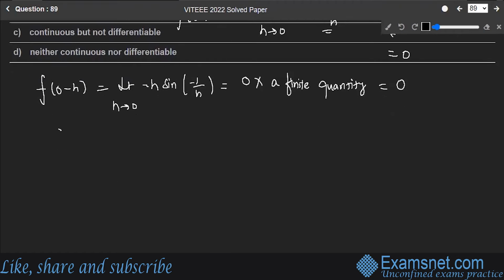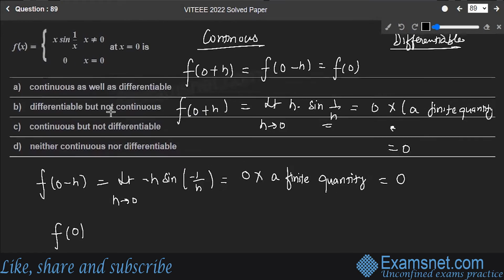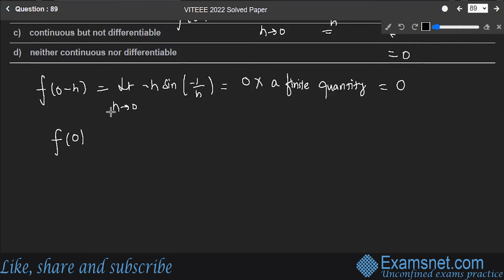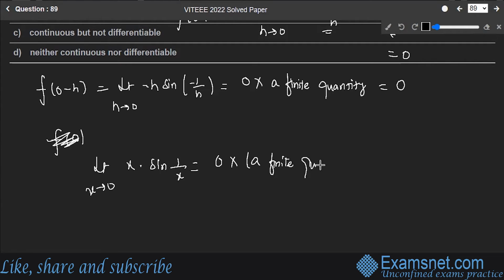Now f(0): the limit as x approaches 0 of x sin(1/x) is again 0 times a finite quantity, which means 0 itself.